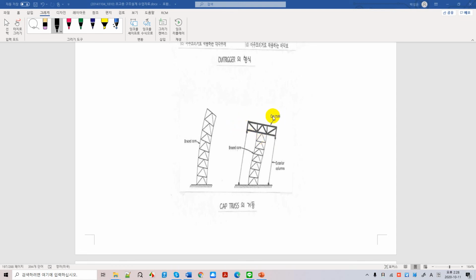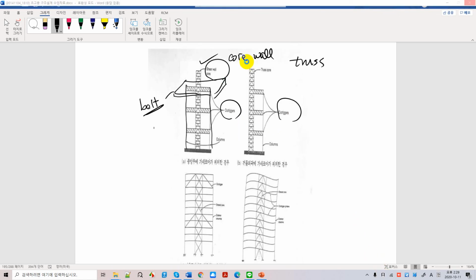So belt trusses are installed independently of the outrigger frames. We can put core walls here if you want to use a concrete structure, and you can use a truss if you want to use a steel structure. As you see over there, it doesn't matter.